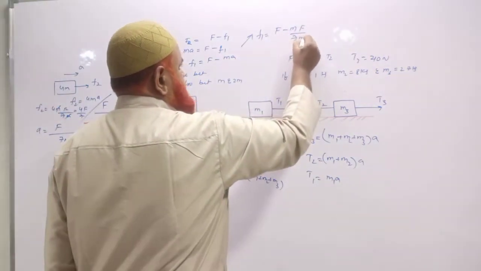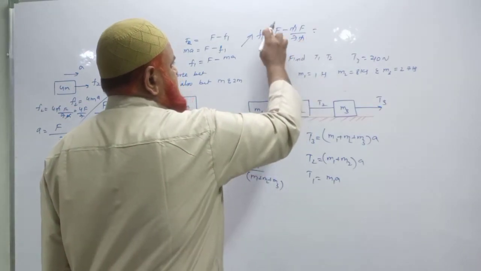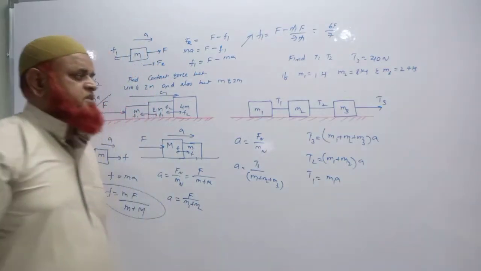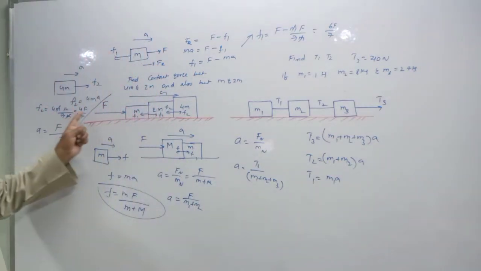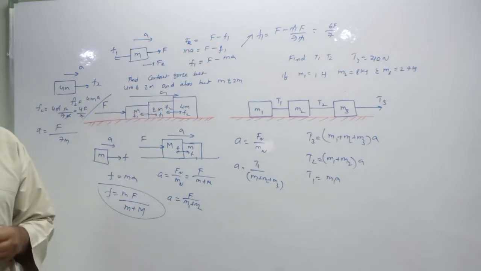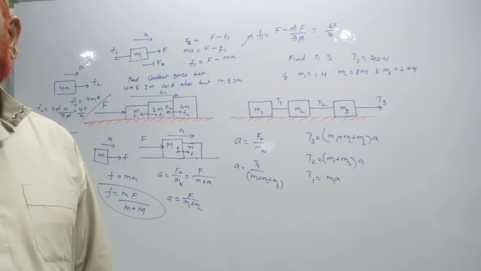So this is going to be 7F minus F, 6F by 7 is F1. So we got f2 is 4F by 7, and f1 is 6F by 7. Okay? Understood? Any doubts?